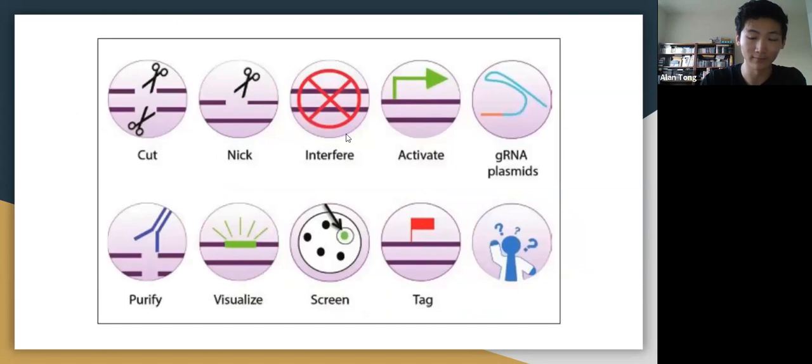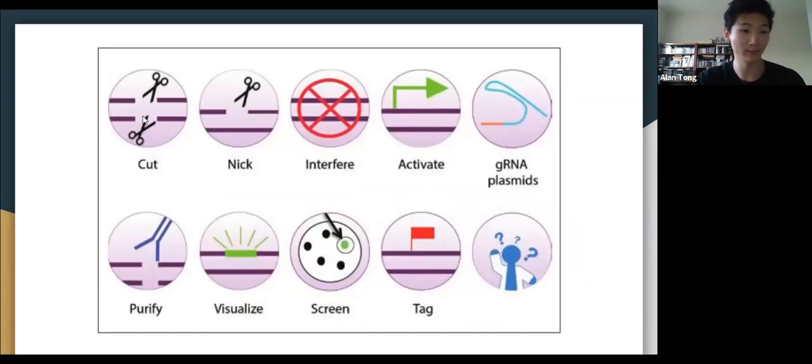For example, as you guys said, you can potentially cut both sides. That's one way, right? We can also mutate one of the endonuclease domains to make a nick in the DNA, right? And that might have some other downstream consequences because the cell might respond differently to double-strand breaks versus single-strand breaks, right? DSBs versus SSBs.